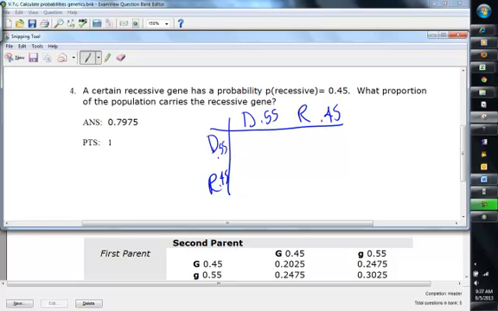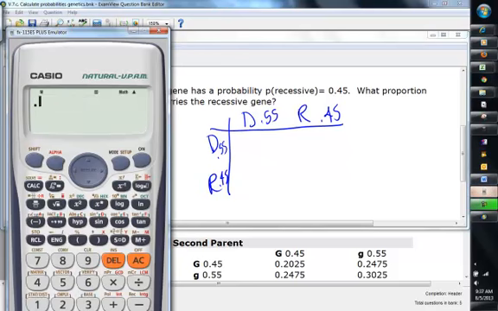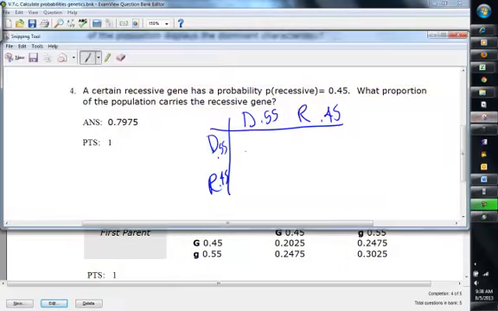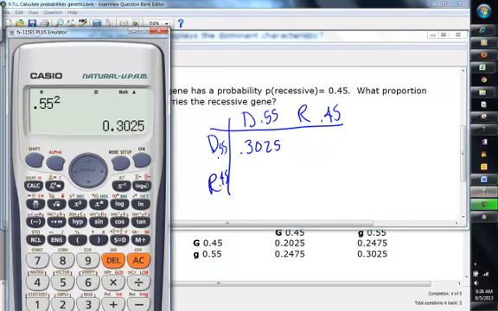So if we take 0.55 squared, we get 0.3025. So everybody else will be carriers of the recessive.